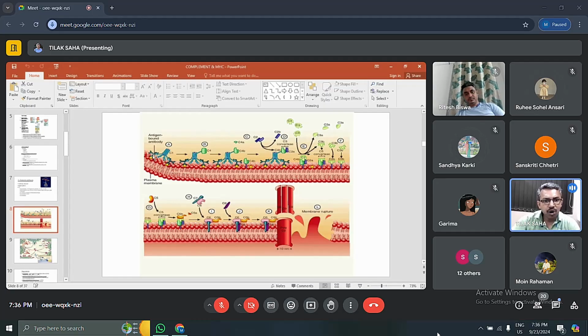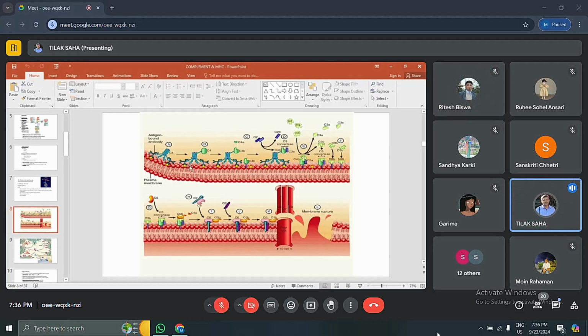So these antigen antibody complexes are formed. Now what happens when these complexes are formed? The C1q molecule that is activated binds to the constant region, the Fc portion.